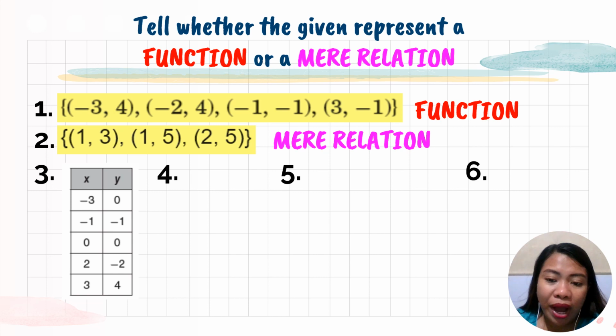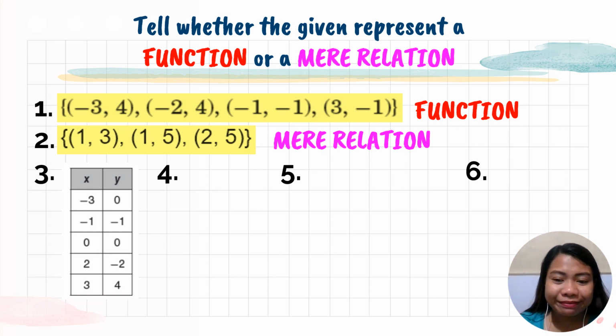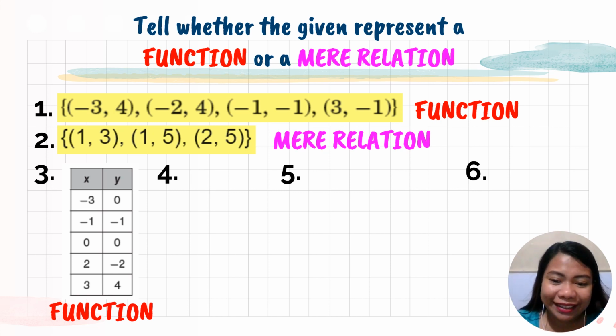While in the y-axis or the range, we have 0, negative 1, 0, negative 2, 4. Is it a function or merely a relation? That is nice. It's a function. Why? There's no repeated x coordinate.